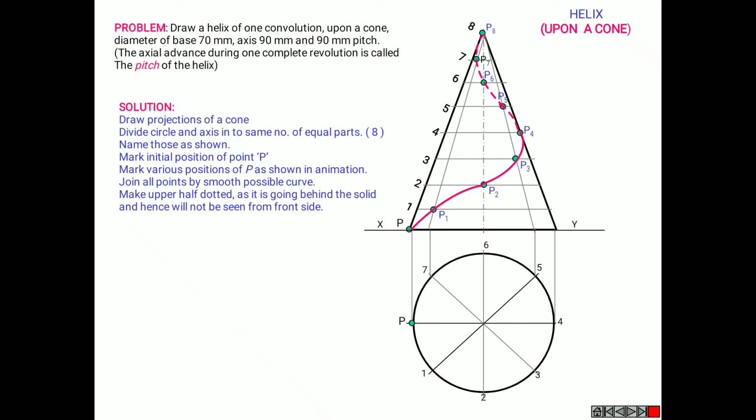So this will be your helix upon a cone. The lower half is in the dark straight line and the upper half is dotted. The upper half looks dotted as it is going behind the solid and hence will not be visible from the front side.